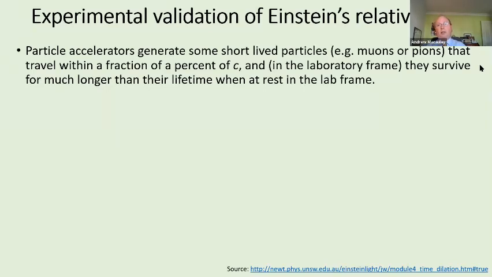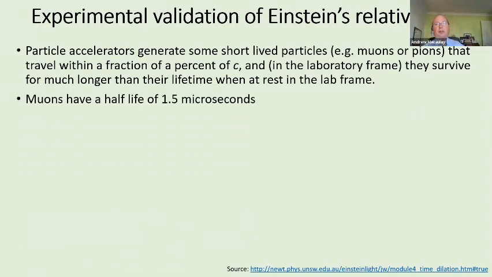Muons and pions have a half-life, a bit like radioactivity. And within that time frame, you'd expect so many of these particles to decay. But when you're looking at it from the lab, remember the lab is stationary, which doesn't mean that at all, it just means the laboratory frame of reference, it seems like these particles survive longer.